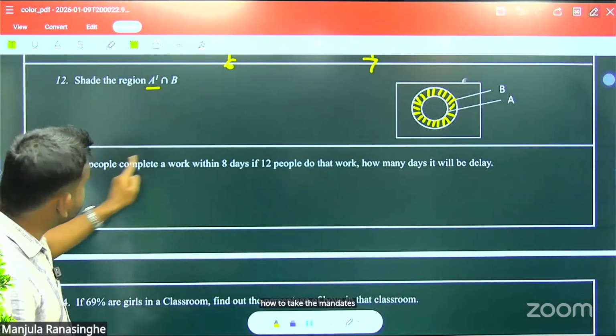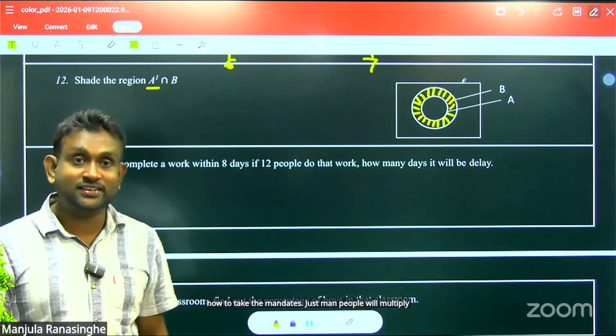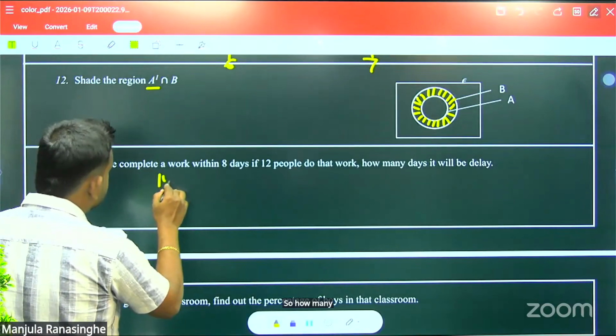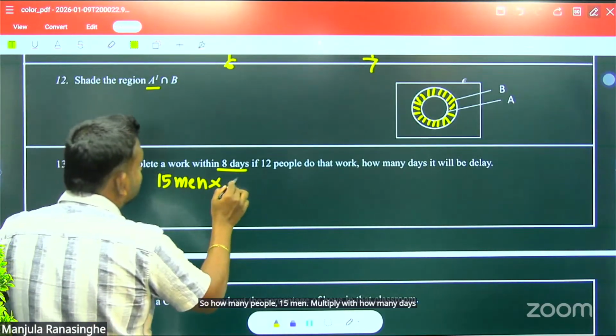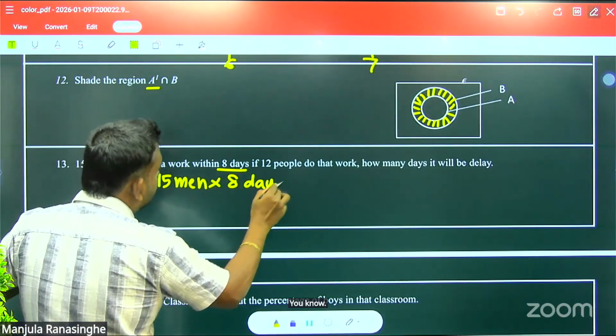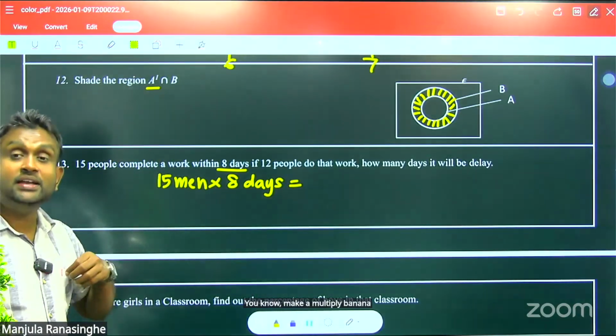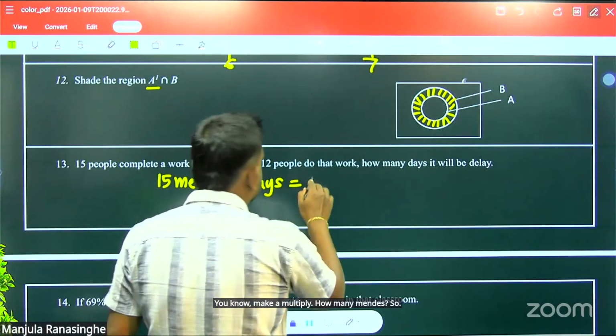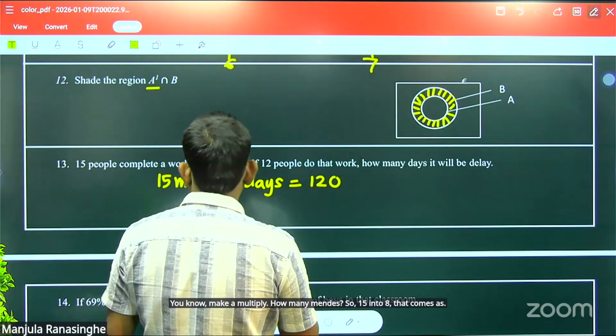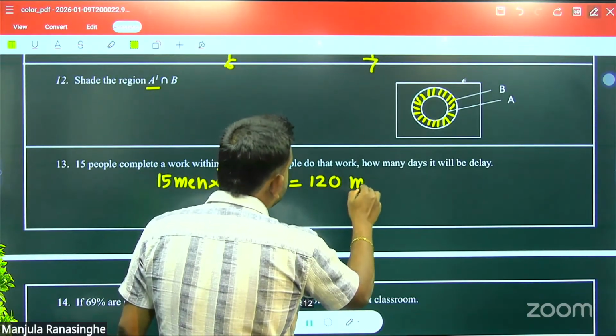Just multiply the number of people with the days. So 15 men multiplied by 8 days. How many man days? 15 into 8 comes as 120 man days.